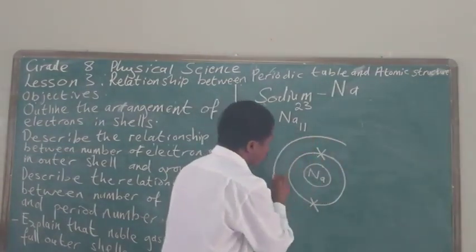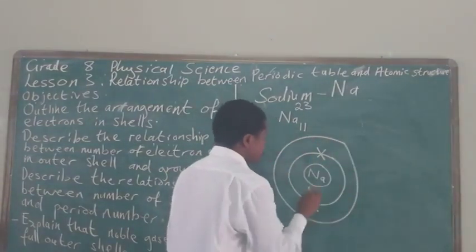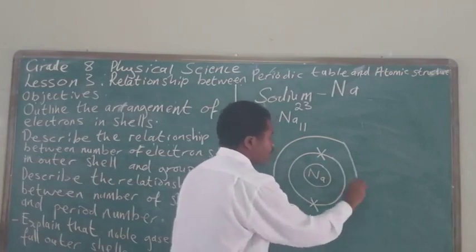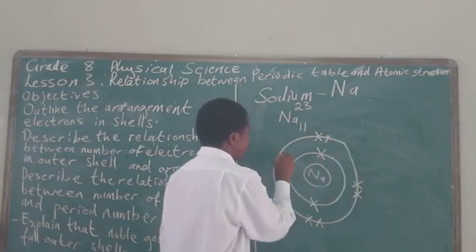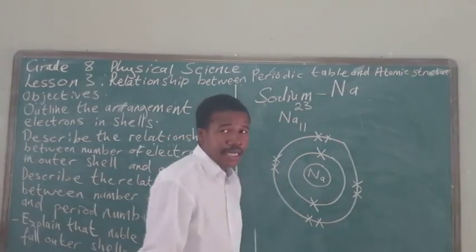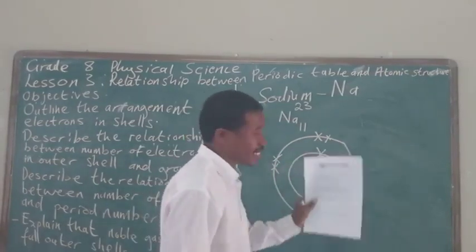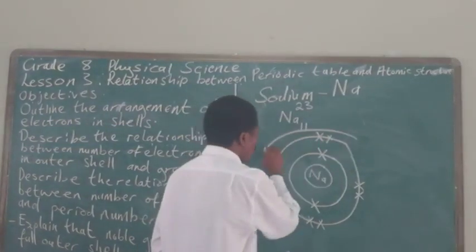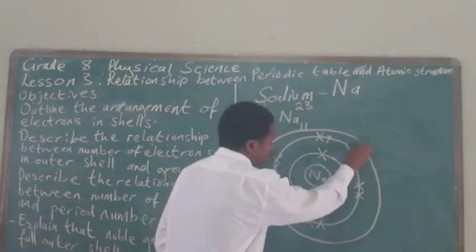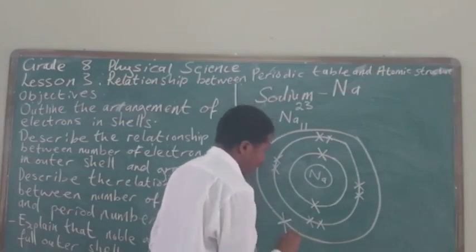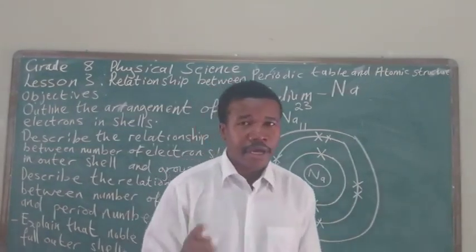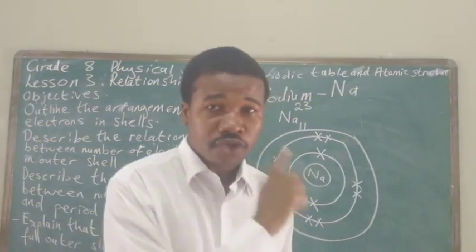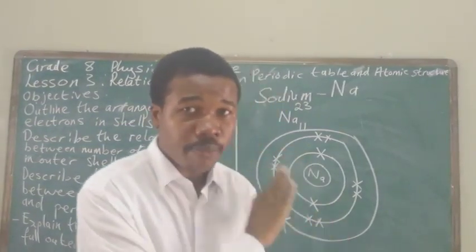The second shell can be occupied by a maximum of 8 electrons. So that's 2 plus 8, 10, which means there is still 1 more electron left, and we will put it there. This is what the atomic structure or the electron configuration for sodium would be if you were to draw the Bohr structure.